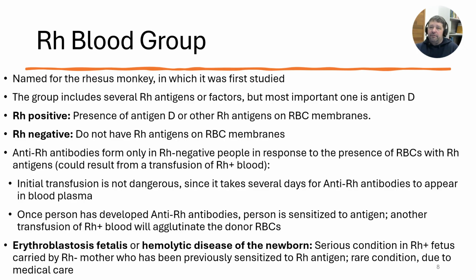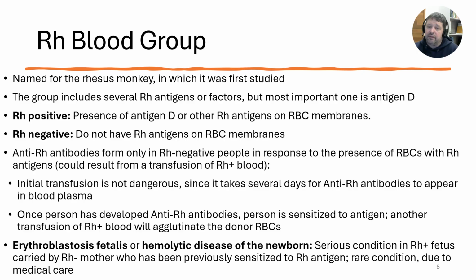Now, one of the most serious conditions is not through blood transfusions, but it's more from just the normal birthing process. And so what we sometimes find is erythroblastosis fetalis, or when you have a fetus that is a different Rh group than the mother.